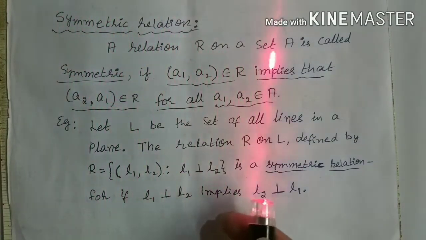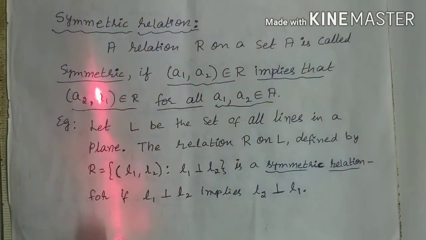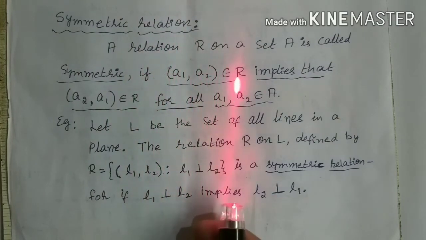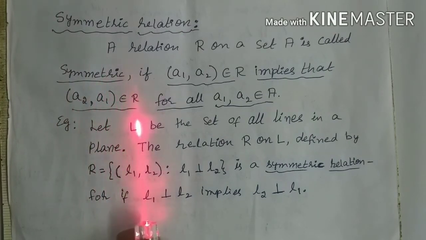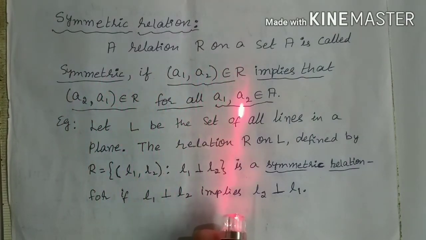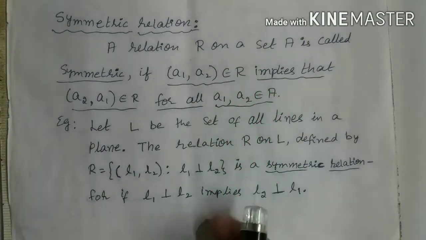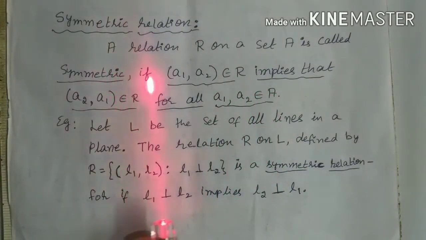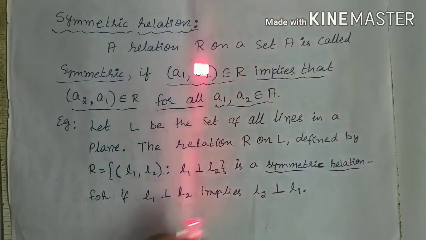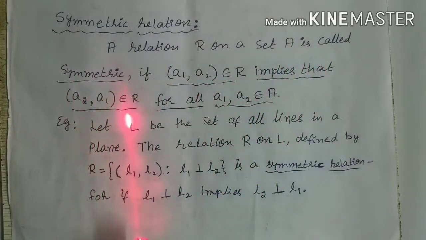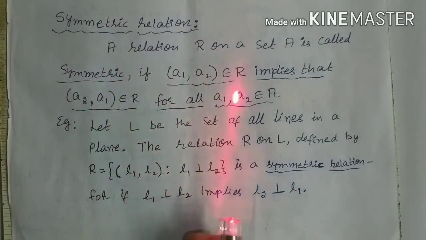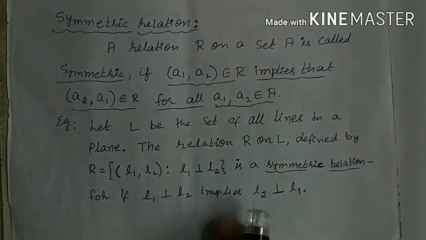A relation R on a set A is called symmetric if (A1, A2) belongs to R implies that (A2, A1) belongs to R for all A1, A2 belongs to A. I repeat once again, a relation R on a set A is called symmetric if (A1, A2) belongs to R implies that (A2, A1) belongs to R, for all A1, A2 belongs to A.